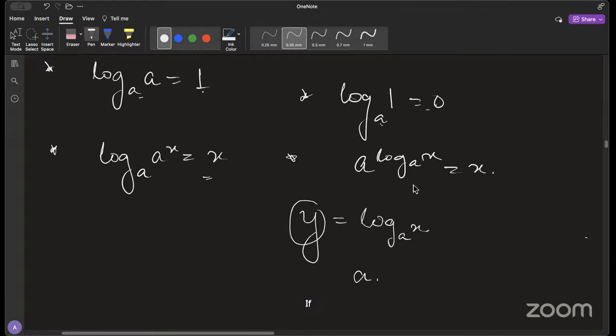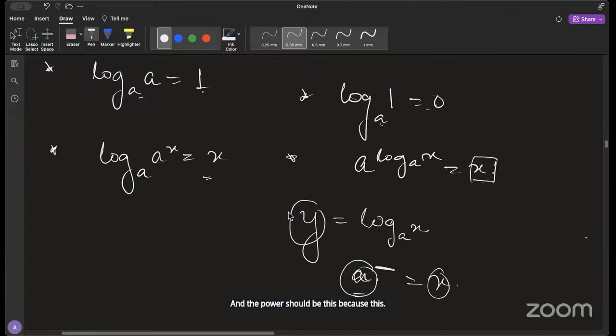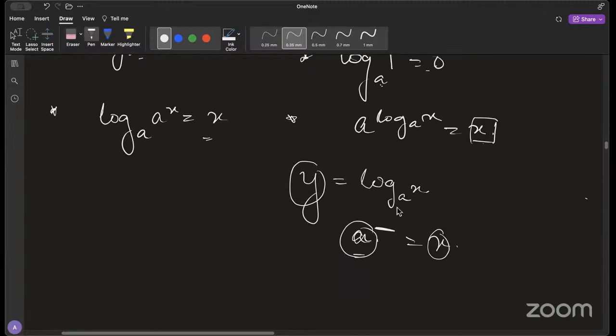If you have x here, then what should be the power here? Let's say you have this function y is equal to log base a of x.